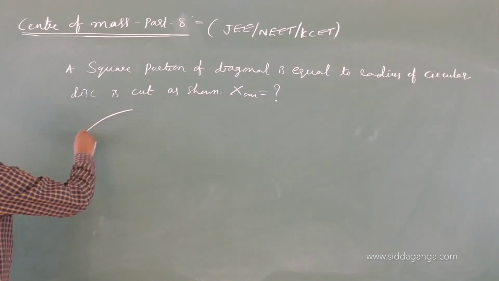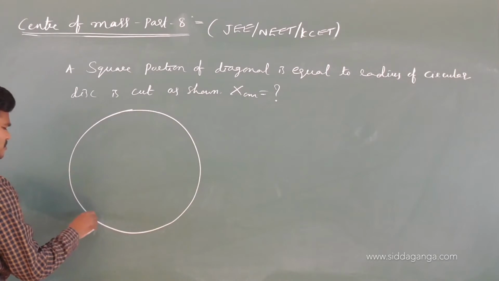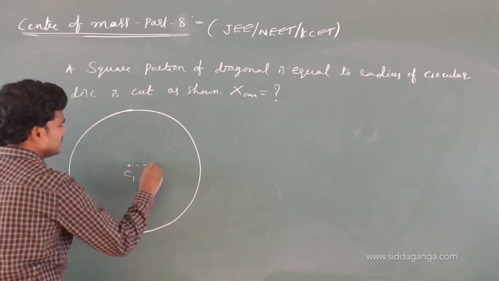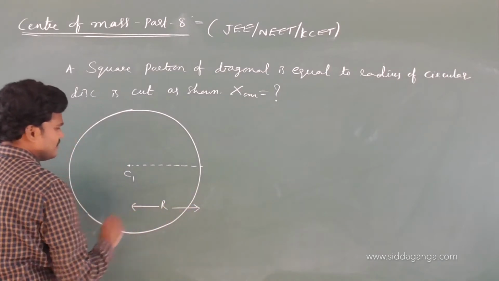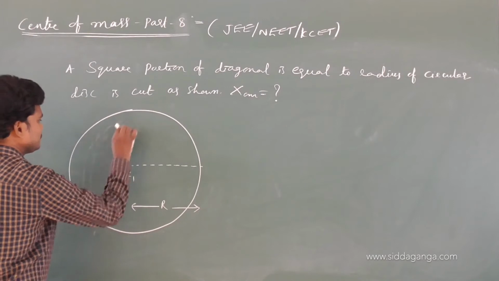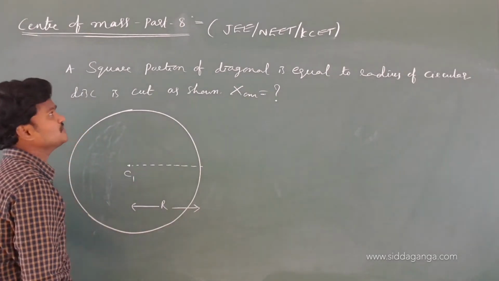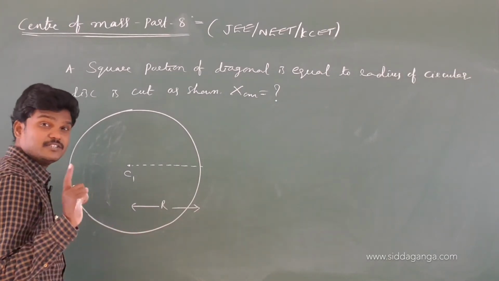See, these are also simple problems. I am taking too much time. So, this is the center of mass of the circular disc, and this is the radius. From this, a square plate whose side is A is going to be cut, and the diagonal is equal to what?